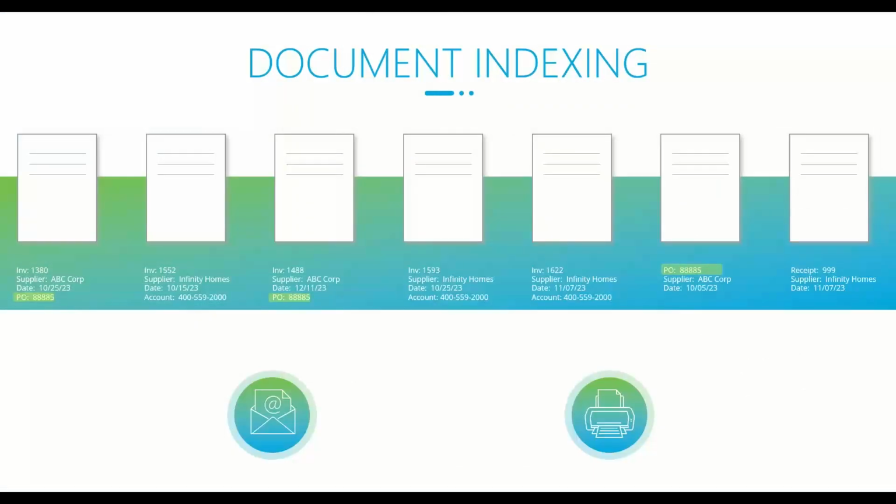The indexing starts by entering a search criteria. Here we have an example where we're using the purchase order number to search for the documents. And you notice we have different document types. The first two are invoices. The third one is the purchase order, the original purchase order itself.